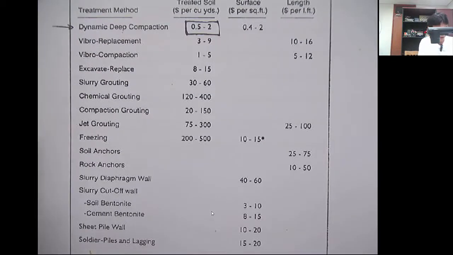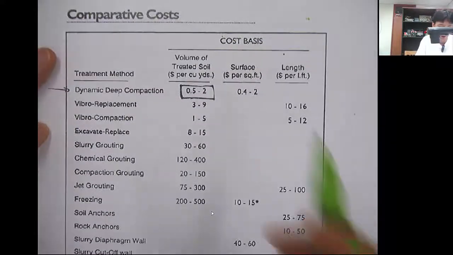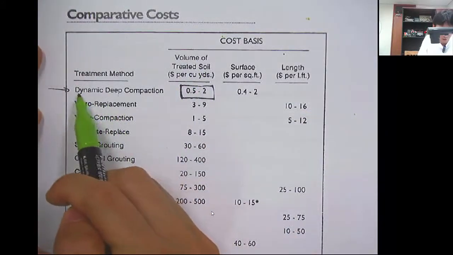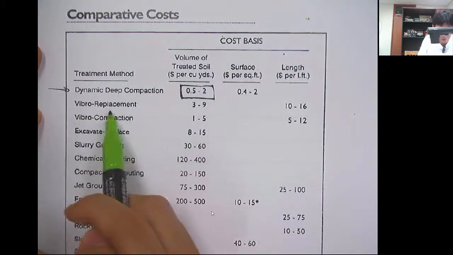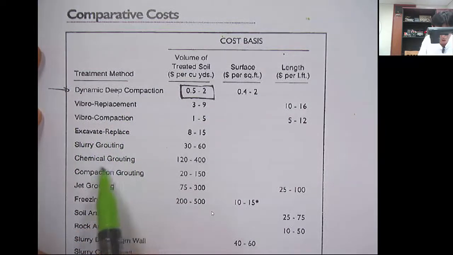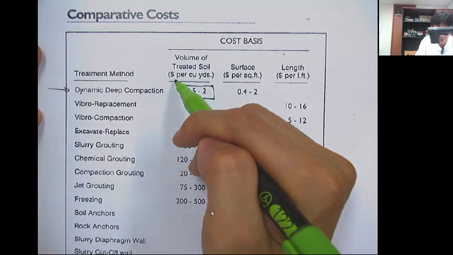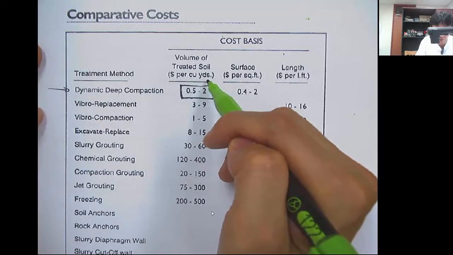This is a very good table showing the cost of each method for soil improvement. You can see the dynamic deep compaction, vibro replacement, vibro compaction, excavate and replace, and grouting, chemical grouting, jet grouting, and this is the cost per cubic yard.